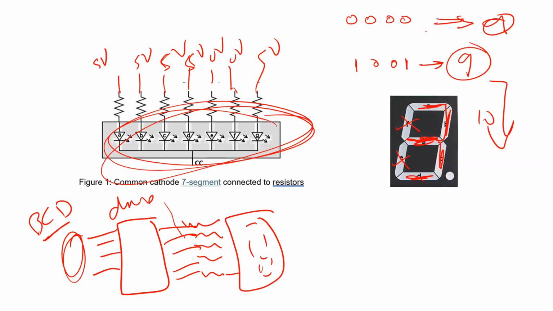As I said in lectures, this is 4 bits, so 4 bits can go up to 15. But for sure, here you can only input binary numbers from 0 until 9. Inside, it has a decoder. I'm going to teach later in this course how you can design this decoder.